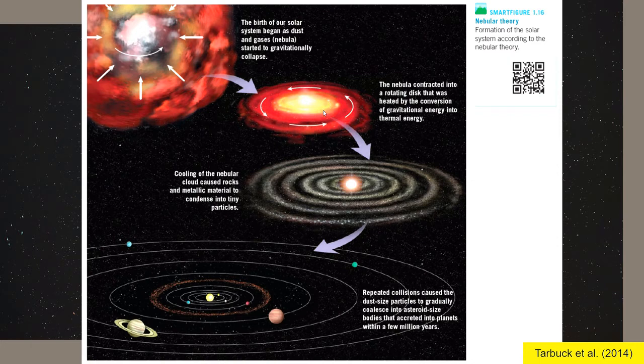Eventually, our nebular cloud started to cool, which caused rocks and metallic material to condense.